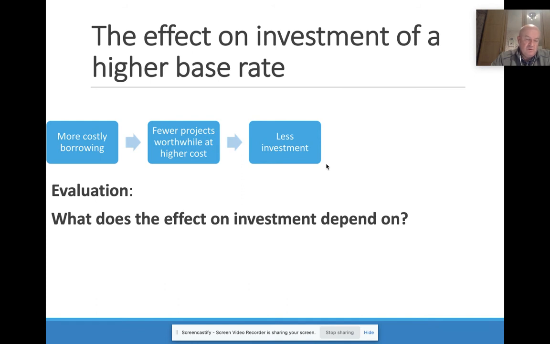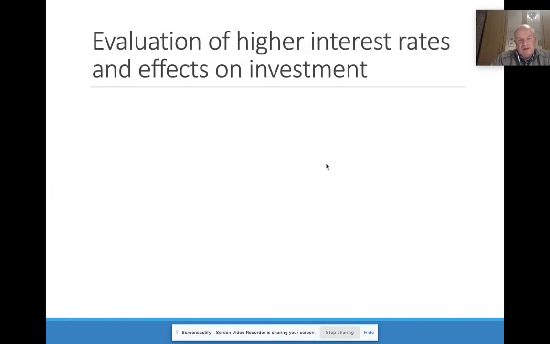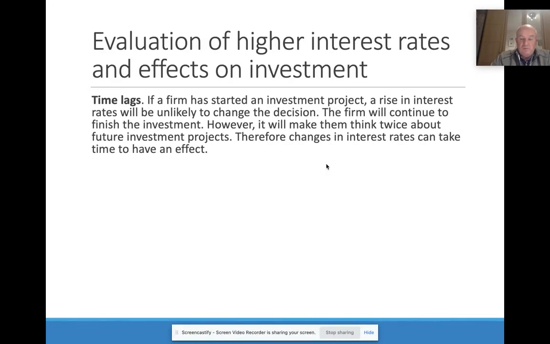In the same way as we just did, we'll look at how we can evaluate the effect on investment. Again, we've got the same principle: time lags. A business might have chosen to start an investment project, and even with a rise in interest rates, is unlikely to change its decision unless it's a significant change.